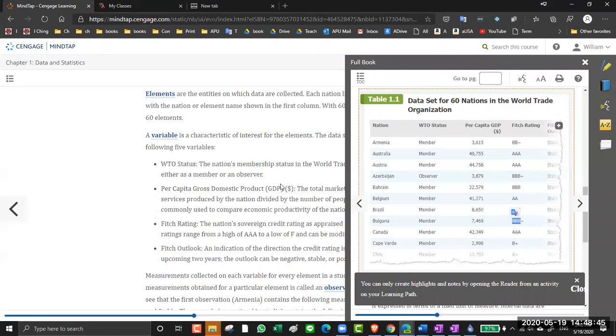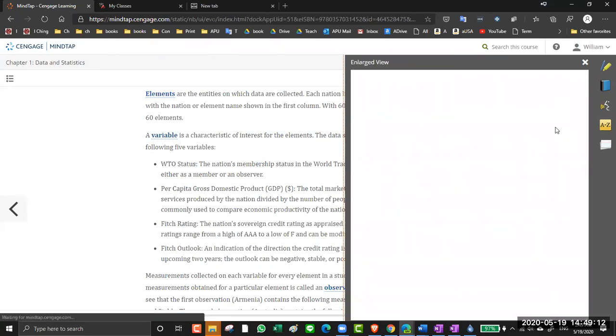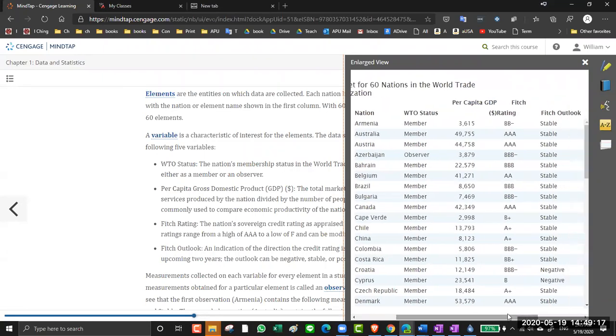And now the word observation is all the measurements for a particular element. So what is an observation for Armenia?